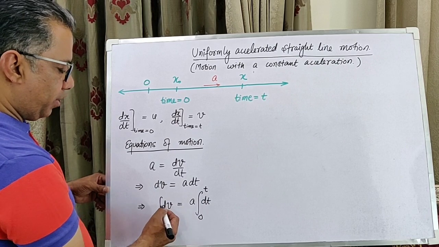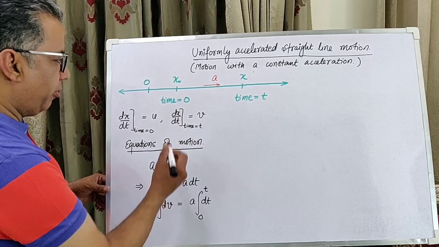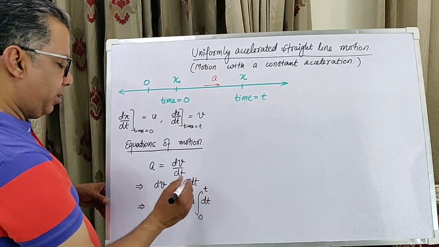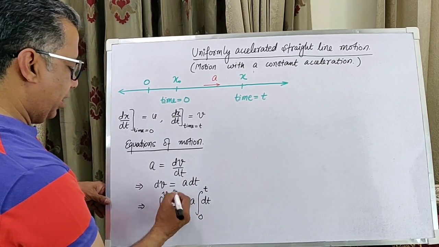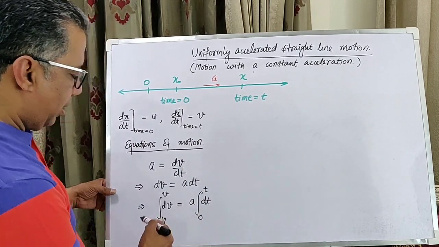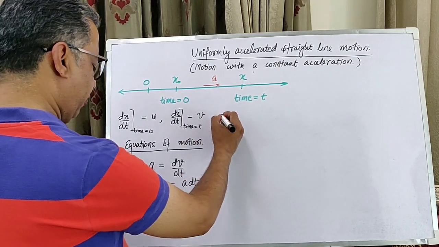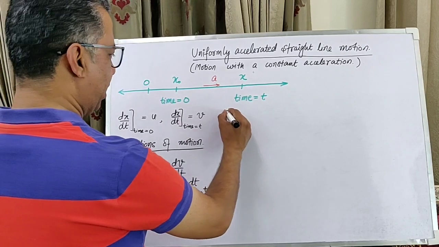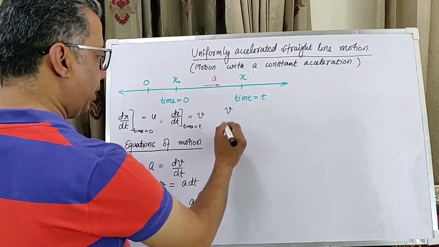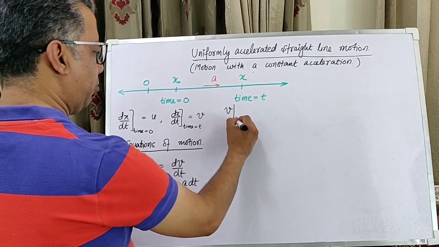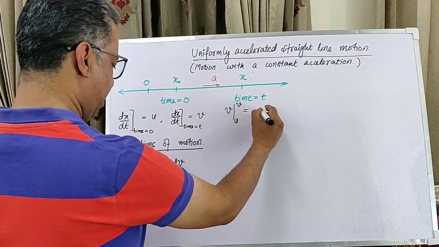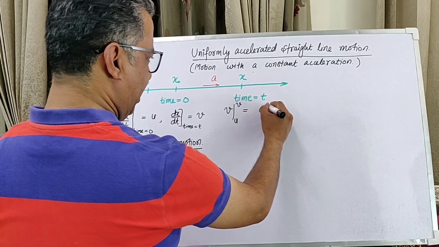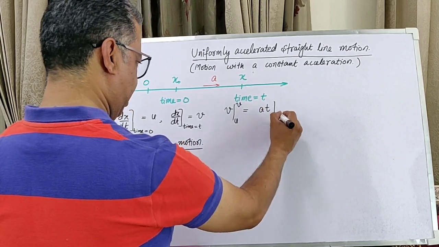At 0 time, the magnitude of velocity is u, and when time is t, the velocity is v. On integrating, when you integrate dv, you get v. The limits are u to v, and on the right hand side a, integrating dt we get t, and the limits are 0 to t.